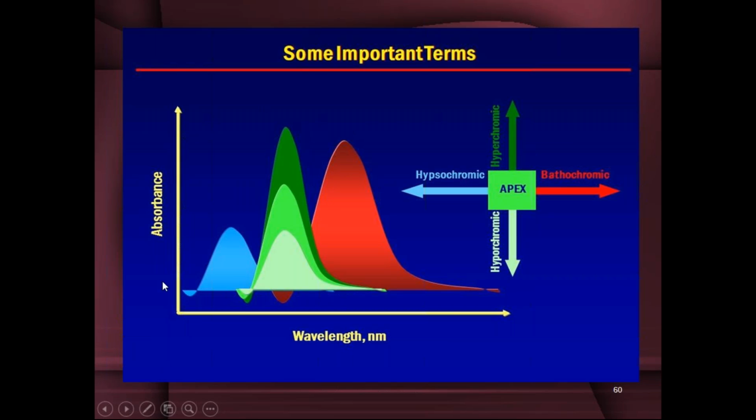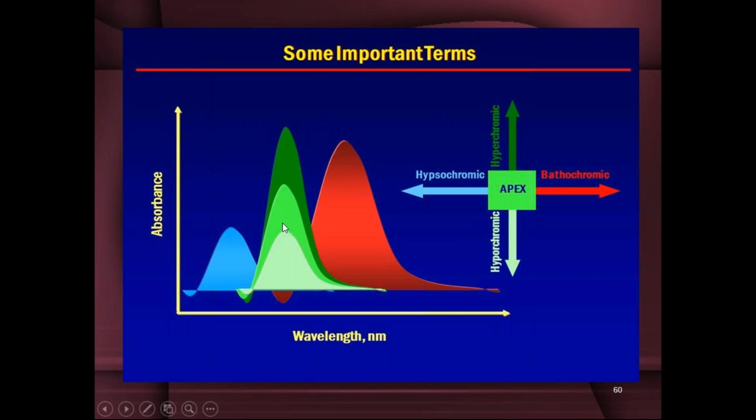Here you have the spectrum, absorbance versus wavelength. This is particularly for the UV visible regions of the electromagnetic spectrum. Now you see the peak is the light green colored one in the center. That is the actual peak. Whenever there is a bathochromic shift, this green peak will shift towards the orange. So now this green peak will not appear, an orange peak will appear.